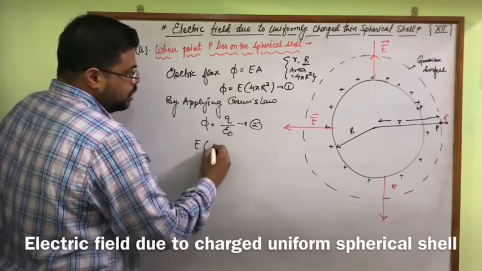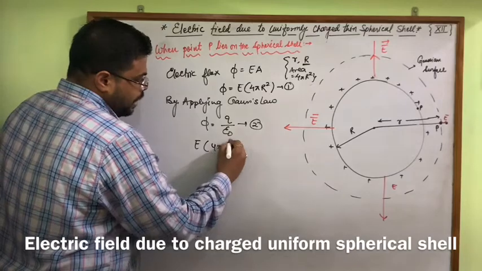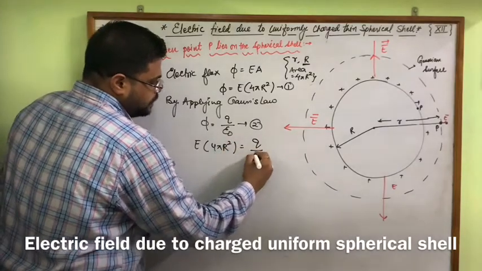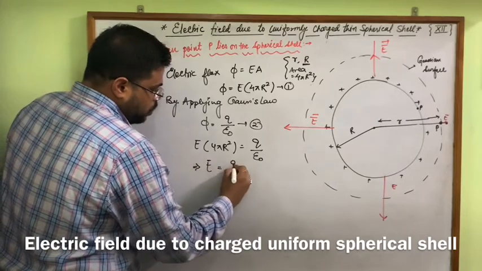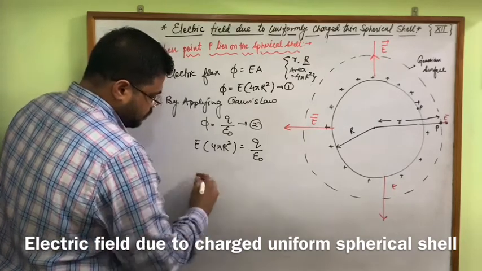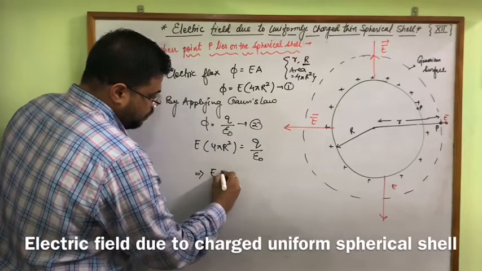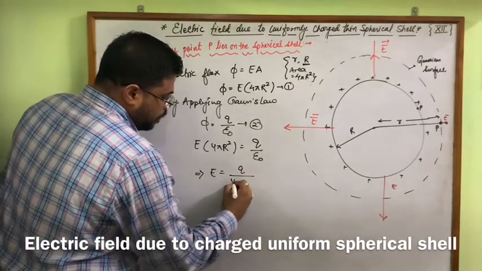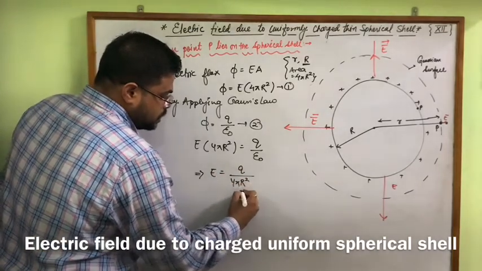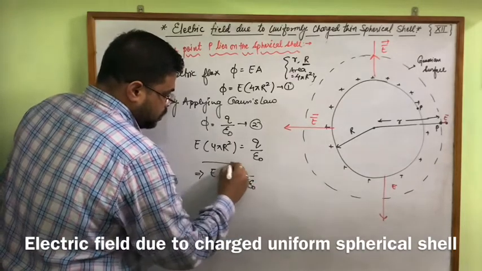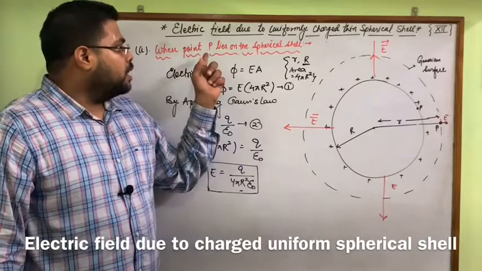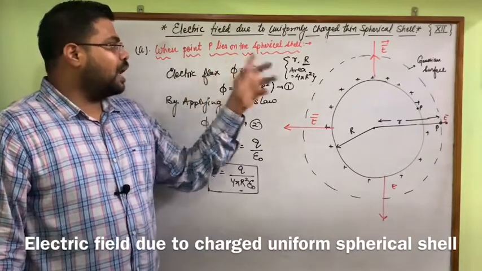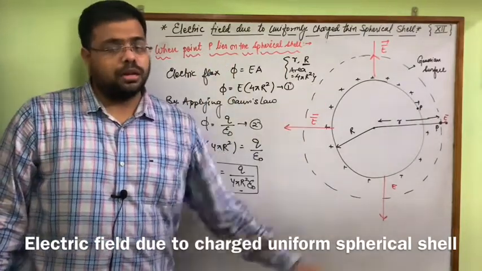So E times 4 pi capital R square equals Q by epsilon naught, and now E will be Q by 4 pi capital R square epsilon naught. This is very important. So this is the electric field intensity at point P which lies on a spherical shell.